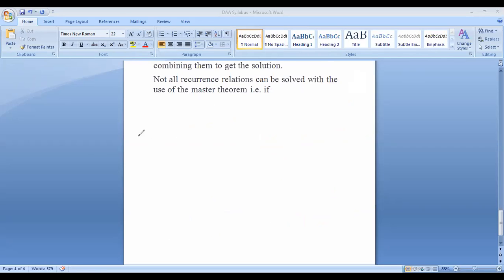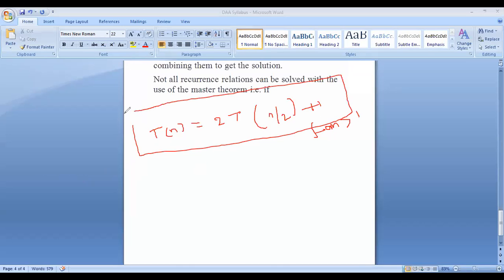For example, we have a time efficiency T of n equals 2 into T of n by 2 plus 1 for all n greater than 1. This belongs to the formula T of n equals a into T of n by b plus f of n, so it is in the same format.